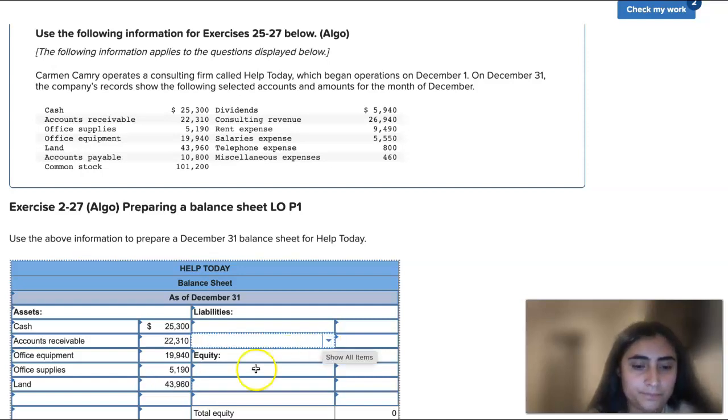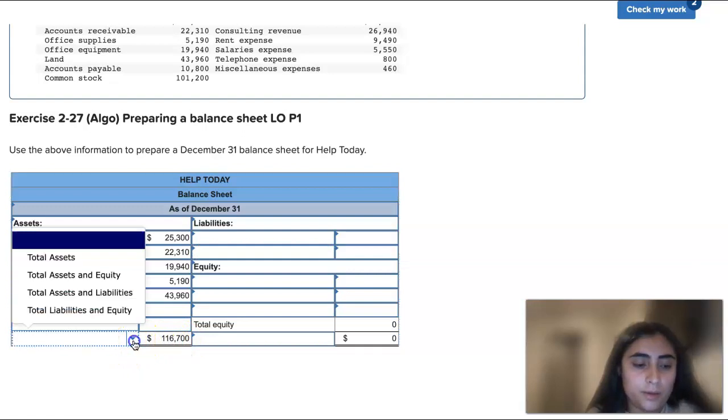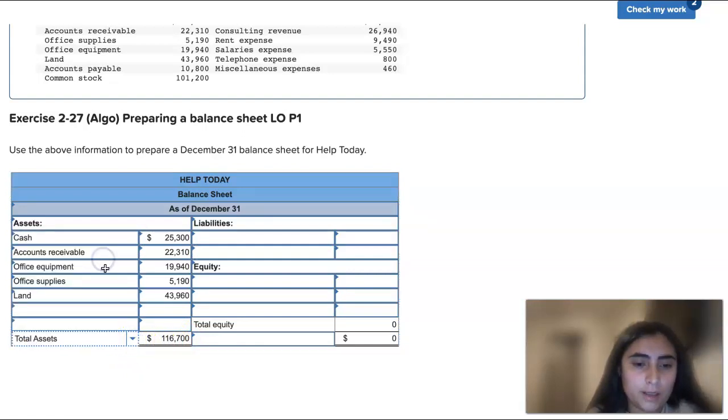There you go. Now, what is this amount? We have here total assets. We pretty much add all of the assets: cash plus accounts receivable plus office equipment plus office supplies plus land, and that gives us total assets, which in my case is 116,070.